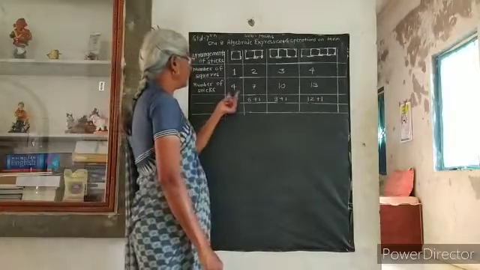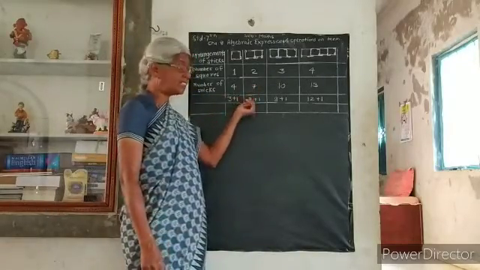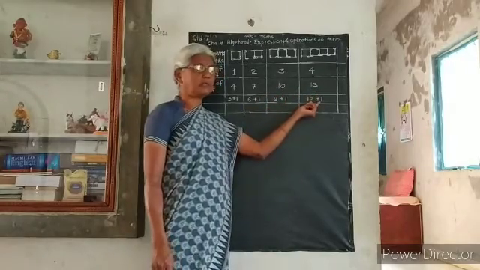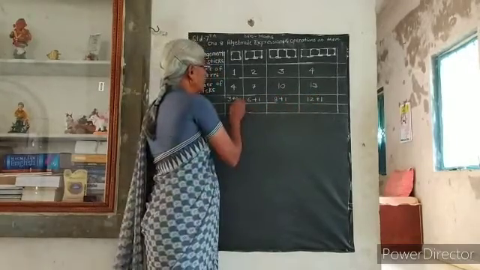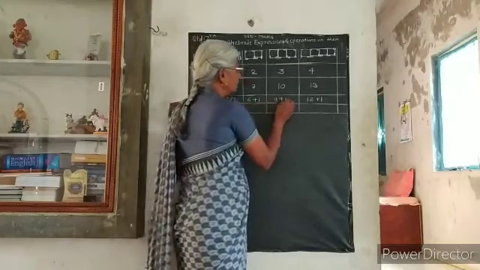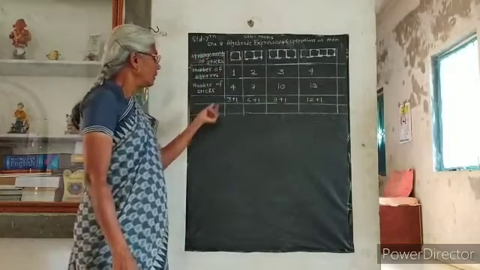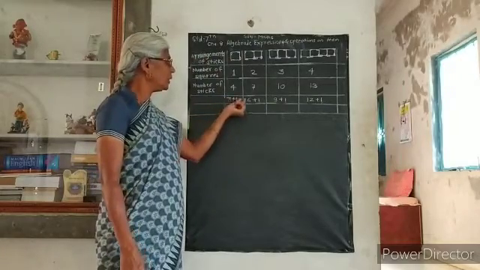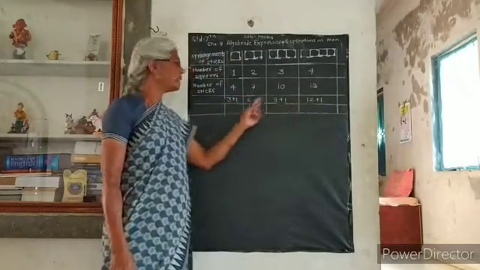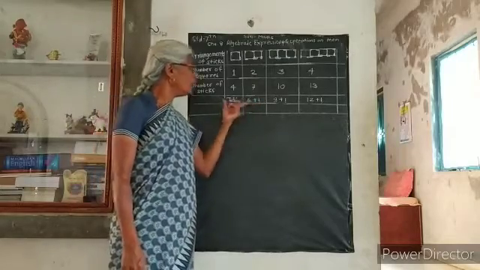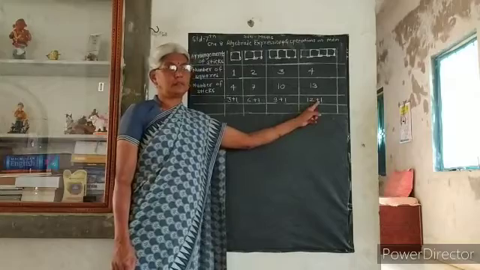We write 4 as 3 plus 1, 7 as 6 plus 1, 10 as 9 plus 1, 13 as 12 plus 1. The additional number remains constant, 1. And this first number 3, 6, 9, 12, these are the multiples of 3. Means there is some correlation between these.